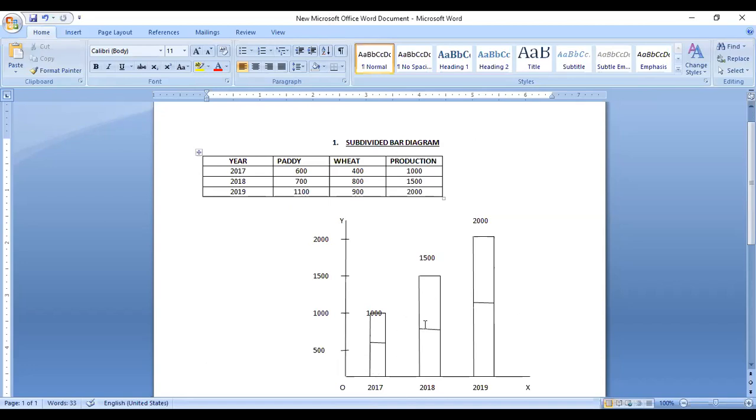So in order to distinguish between these two, which one is paddy, which one is wheat, you may have to put some dots or lines. As I have already told you, it is better to distinguish between various divisions in a bar diagram. So we will divide the two types of productive items here, that is paddy and wheat, with colors.